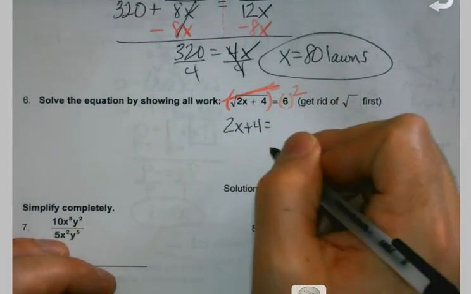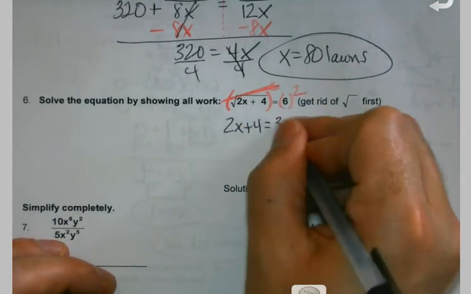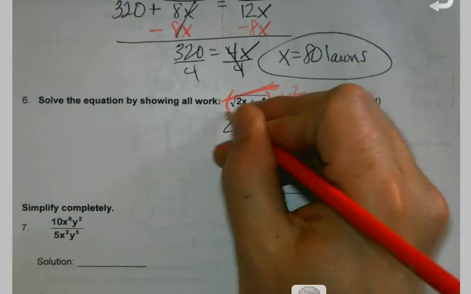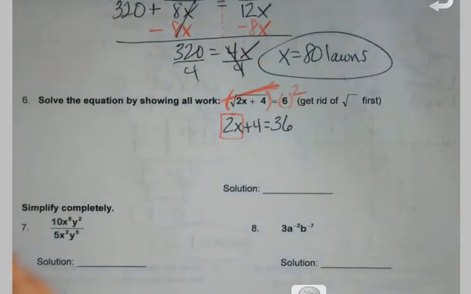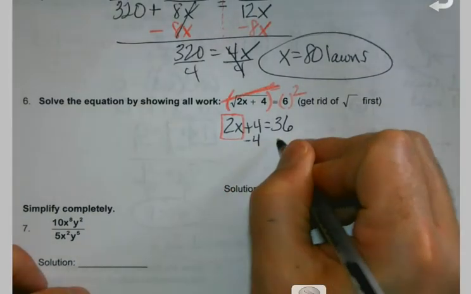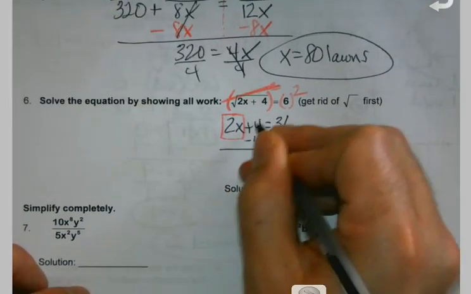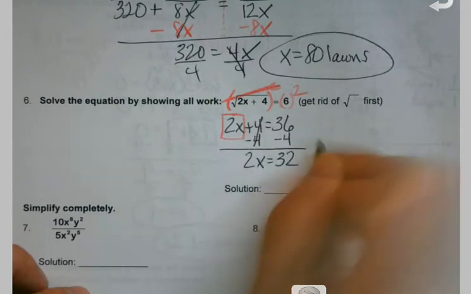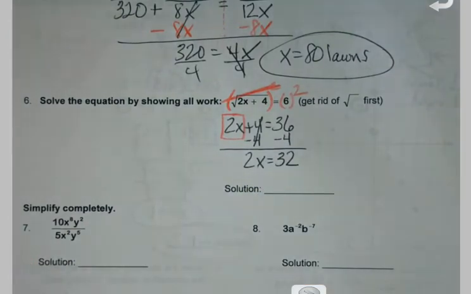What's 6 squared? 36. So once I get here, my goal now becomes to work on getting that x by itself. So I'll minus that 4 and then just divide by 2.